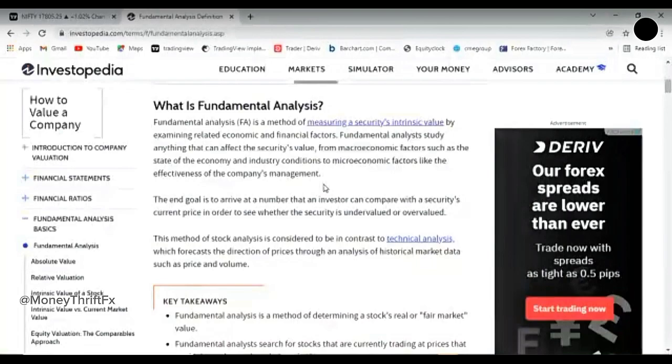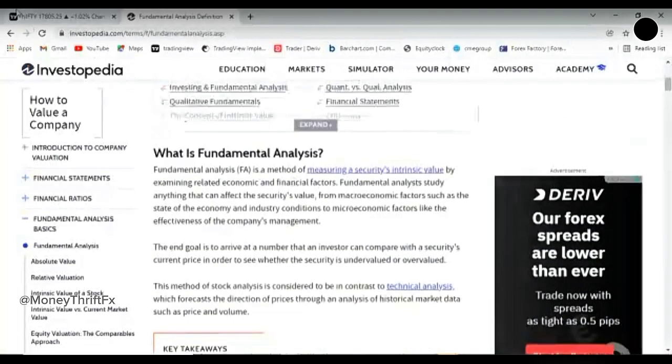Fundamental analysis majorly uses news to identify trade opportunities. They listen to news, they study the economy, political economy, political news. They study the country's economy, they study so many things to be able to tell the strength of a country's currency, to determine where possibly they can enter a buy or a sell from. So that is just what fundamental analysis is, right? That is just what it is. So it uses news.